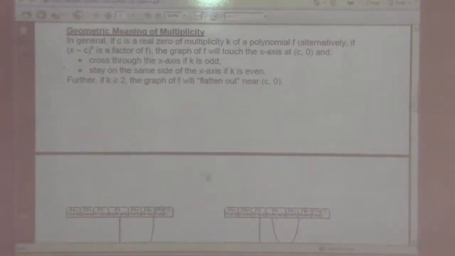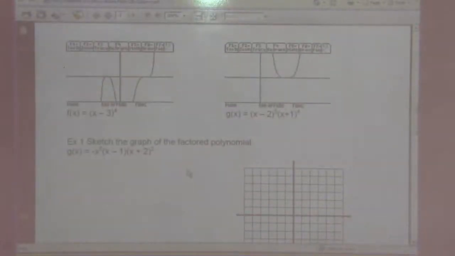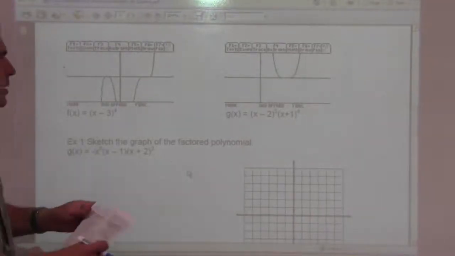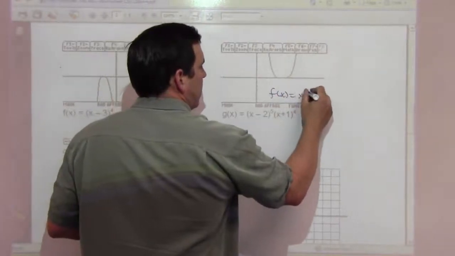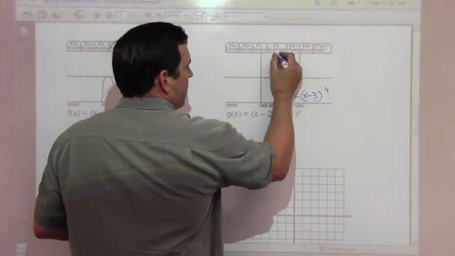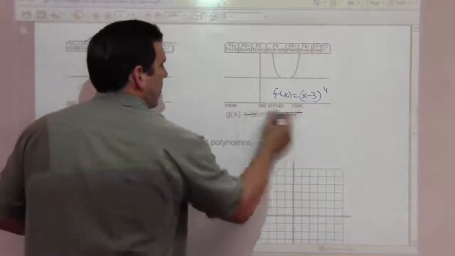And we will see that here. A couple of graphs. This one is f of x equals x minus 3 to the fourth power. So it touches and goes back up.